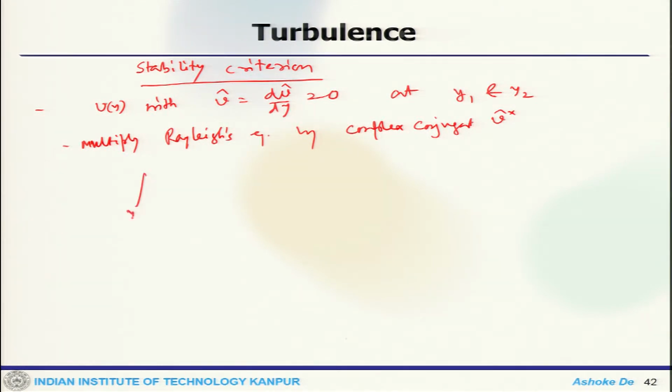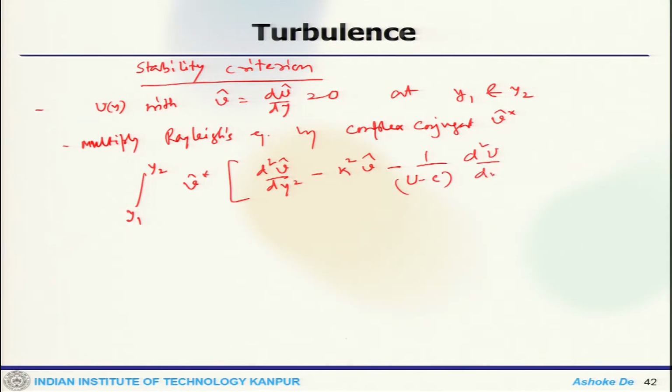So, that will get us the integral from y1 to y2 of v hat star times (d2 v hat by dy2 minus k square v hat minus 1 by (U minus c) d2U by dy2 v hat) dy equals 0.